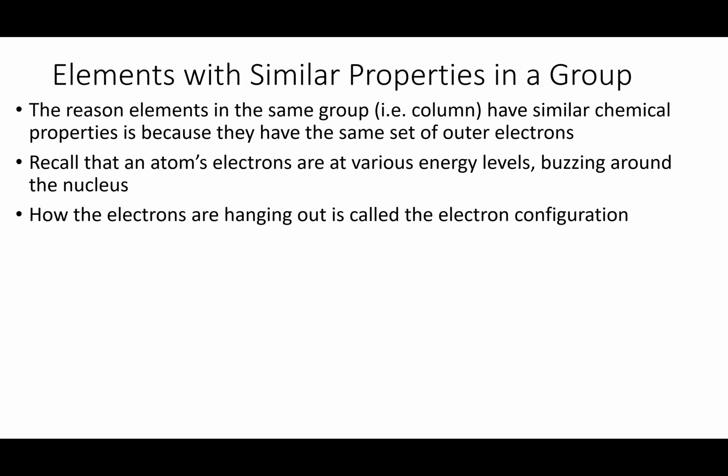So the first 2 electrons are going to be here, and the next 4 electrons are going to be in the next level. They're kind of close together. So 6.